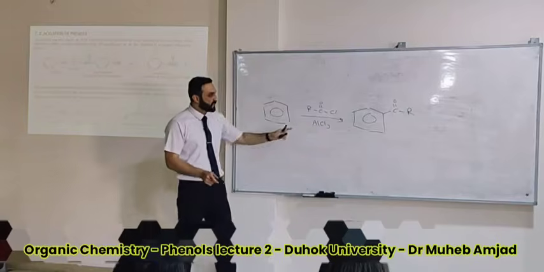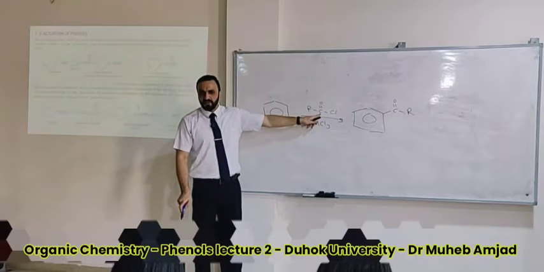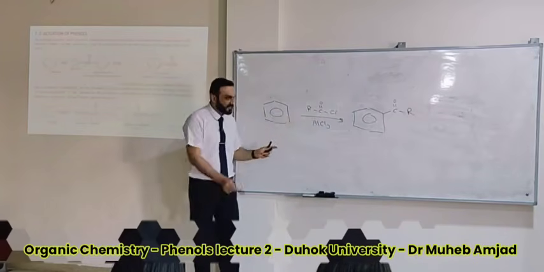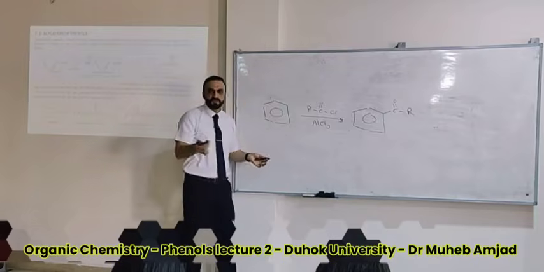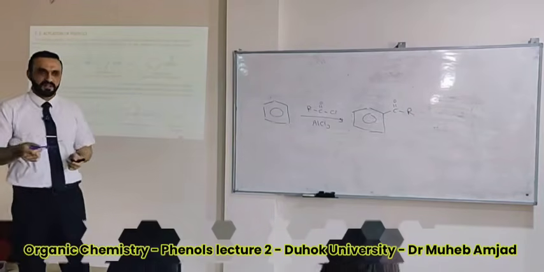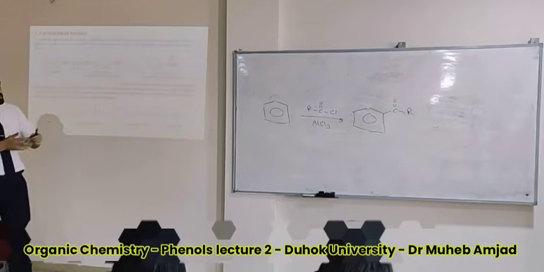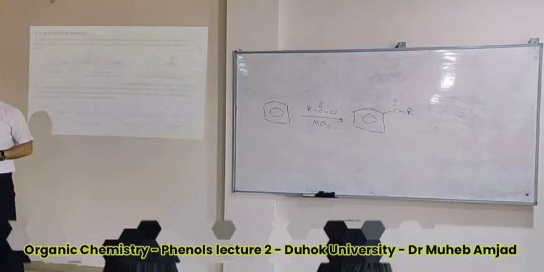Then, substitution with what? This electrophile or nucleophile? This is an electrophile, meaning electrophilic aromatic substitution. This is the type of reaction. So, this is acylation for the benzene ring.